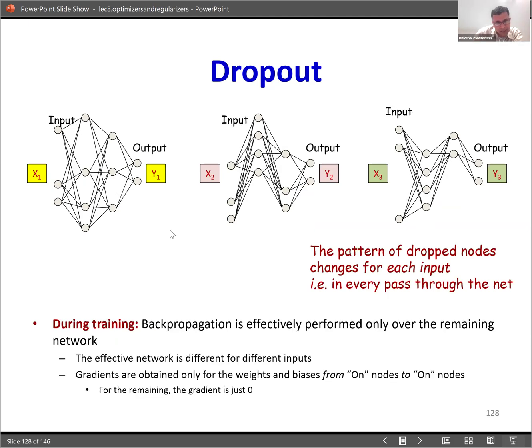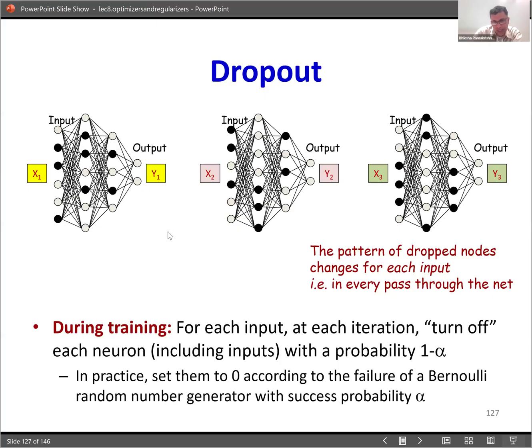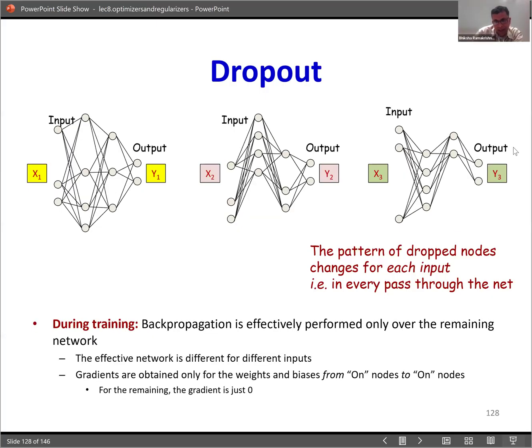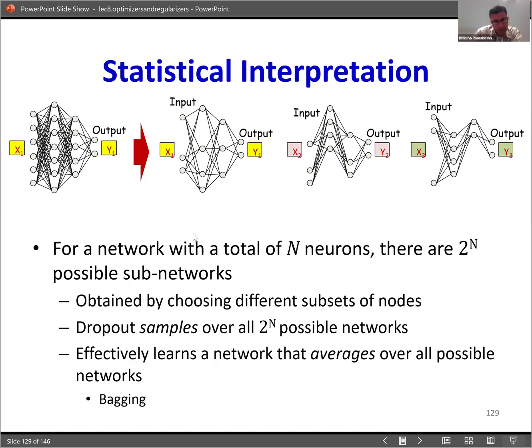So each input sees a different network, and the forward pass inference is done over a different network each time. And the backpropagation is also done over the reduced network seen by each input.